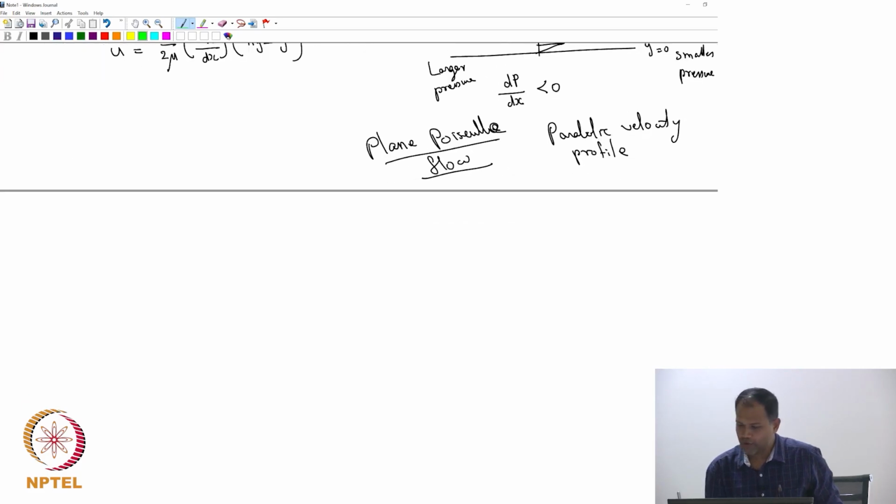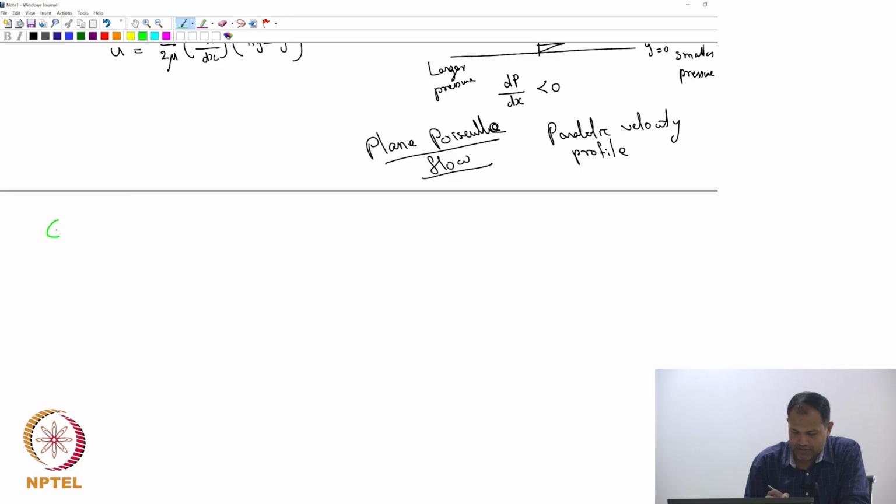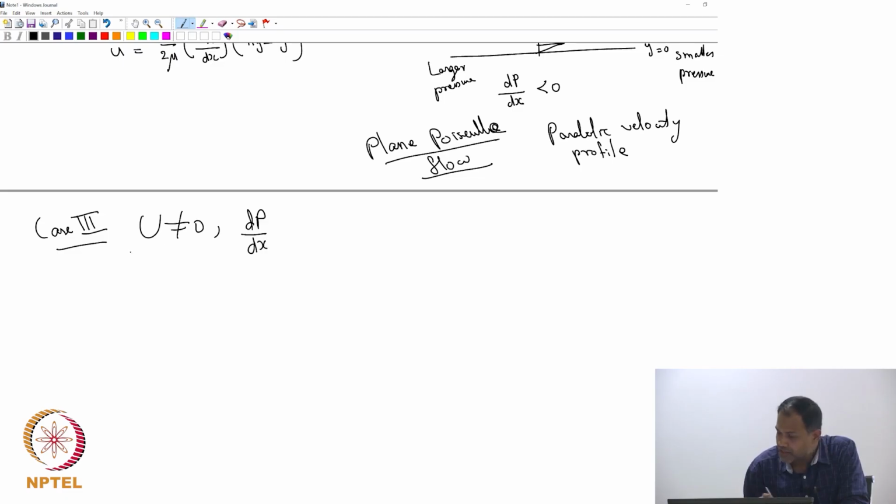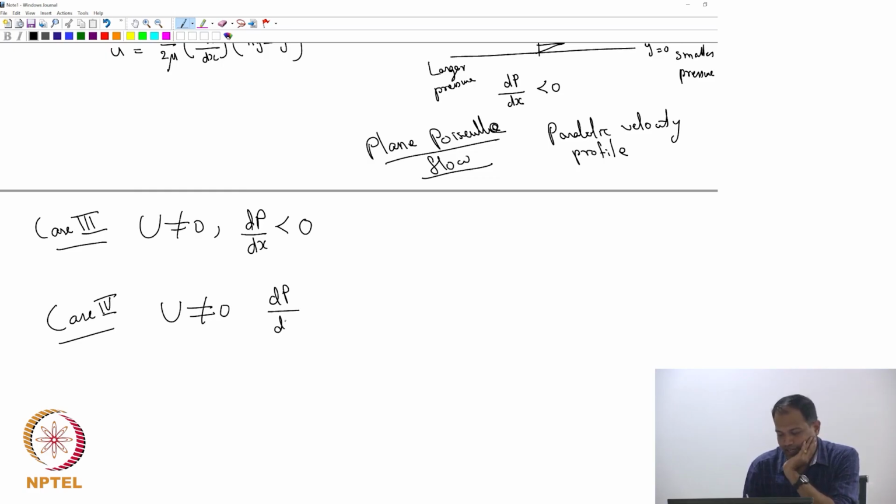So, the next case, can you draw now: case 3, u is not equal to 0, dp by dx is less than 0, and case 4, u not equal to 0, dp by dx greater than 0. You can plot and then come back next class.